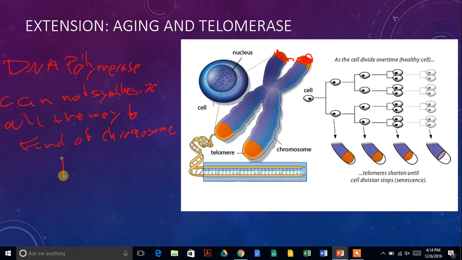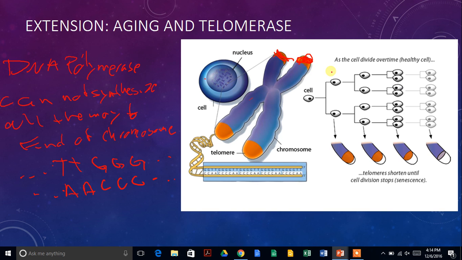So like one strand would have T, T, G, G, G, and the other one would have an A, C, C, C. And that repeats thousands of times at the end of your chromosome, and your telomeres, and codes for nonsense. That's how your cells protect DNA polymerase from not synthesizing important DNA.